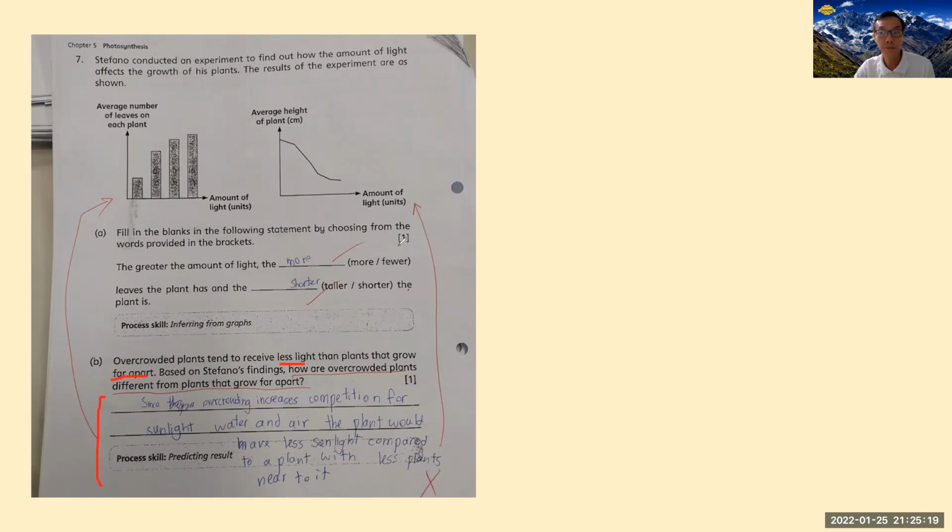Crowded plants will receive less light. Using this information, if the plants are crowded, they receive less light, so you must indicate they will have a lesser number of leaves and the height is greater. Let's see the model answer, which should be presented in this manner.